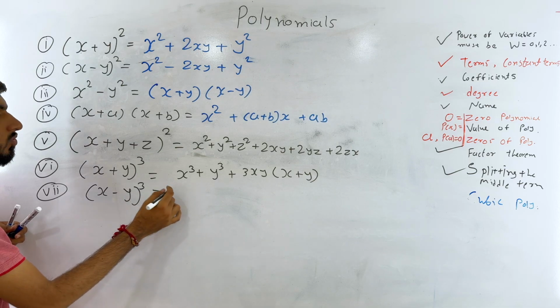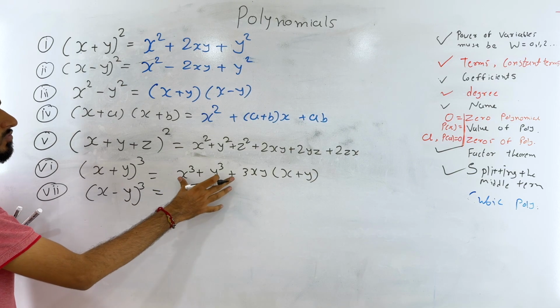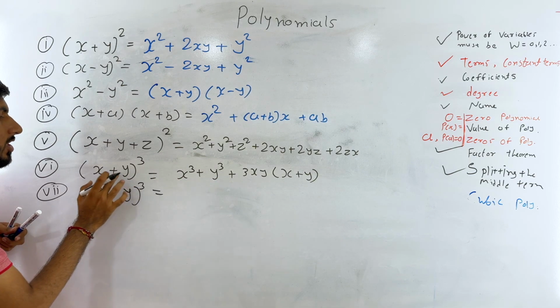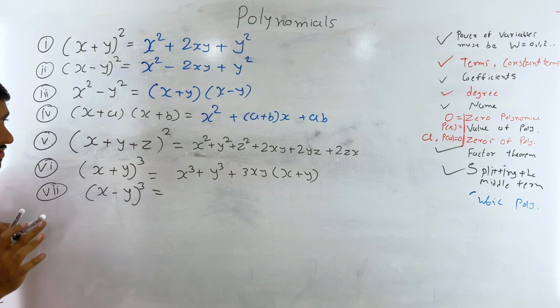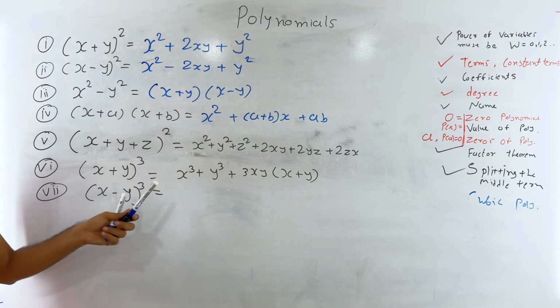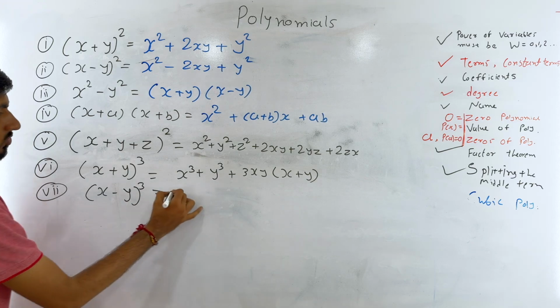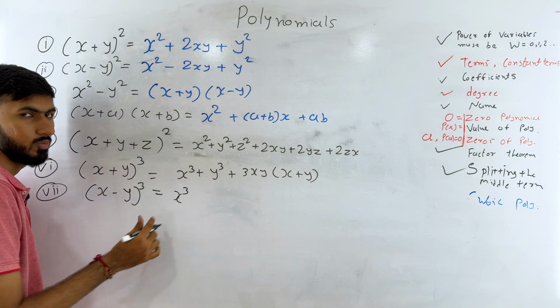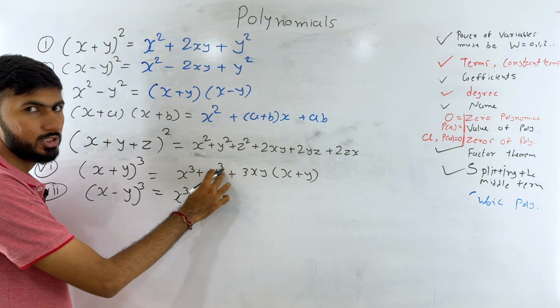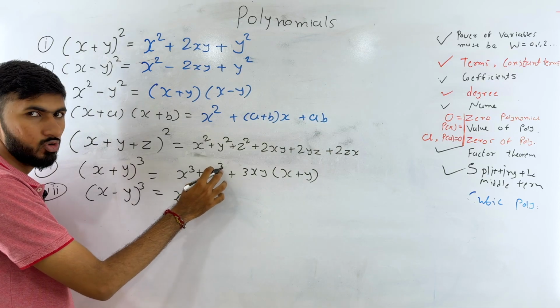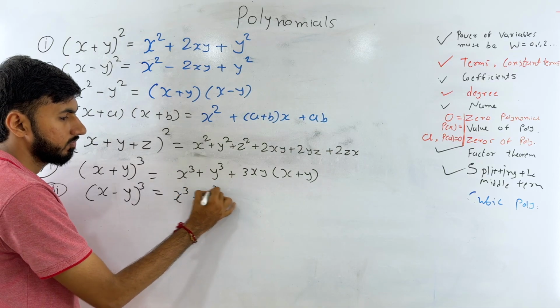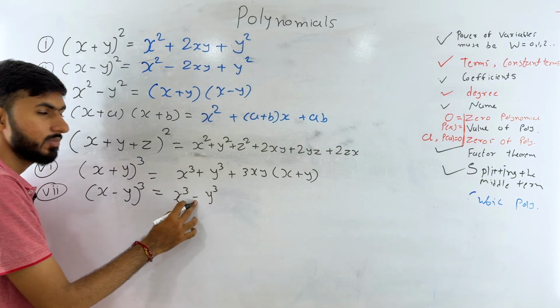If you don't want to remember this identity, if you know the previous identity, just change the sign of y, nothing else. What I am saying is just change the sign of y. That means substitute y equal to minus y. So there is no change in x cube. Now I have y cube, that means if I do minus y cube, my answer will be minus y cube, right? Cube of negative will be negative.